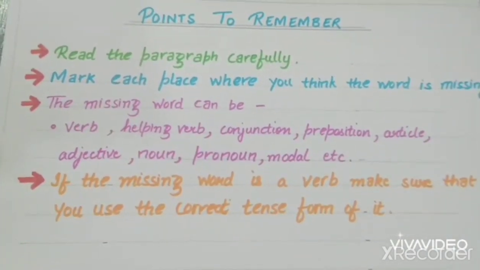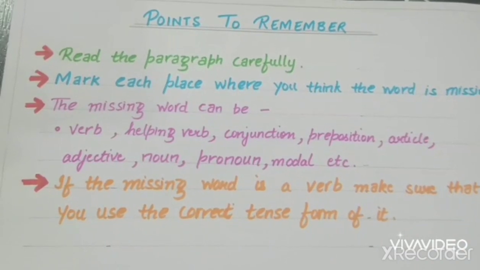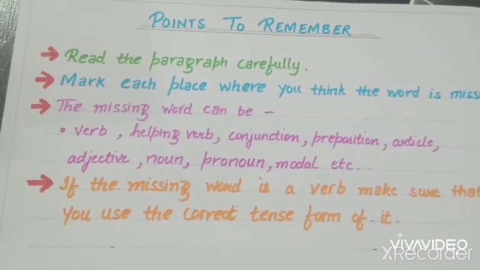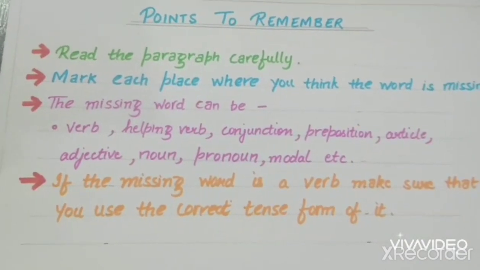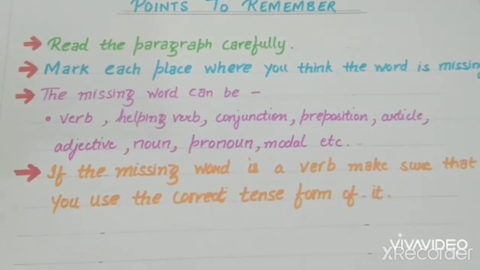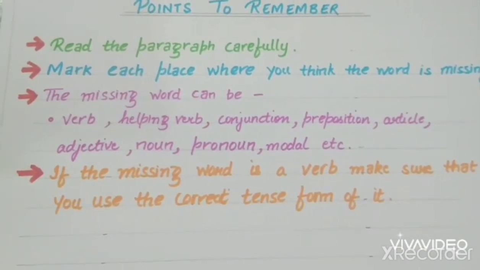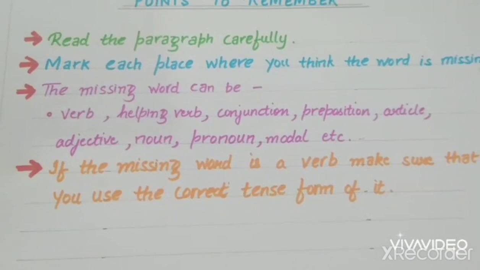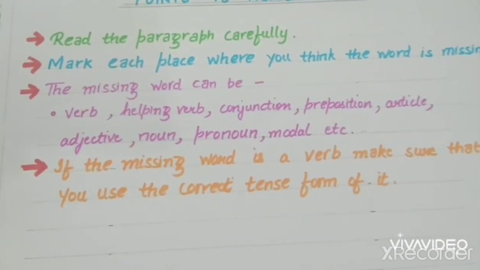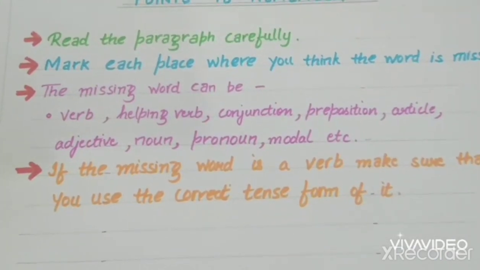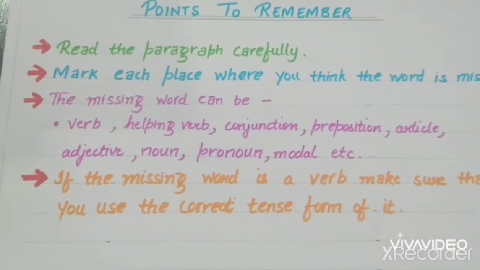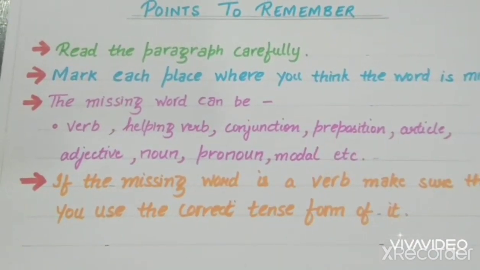Children, you people are often under this misconception that you need to read only one line to find the editing errors or omissions. But please remember that you need to read the whole paragraph first. Secondly, mark each place where you think the word is missing.